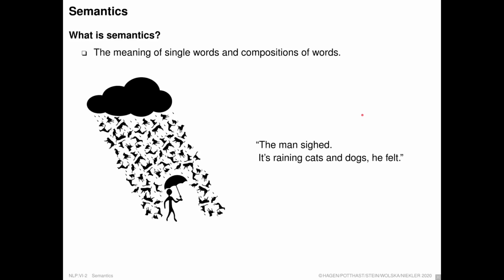This phrase, raining cats and dogs, when you think about it in its literal sense, would create a picture rather like the one here, whereas the picture that we usually see is not exactly cats and dogs falling from the sky, but rather that of a heavy rain.